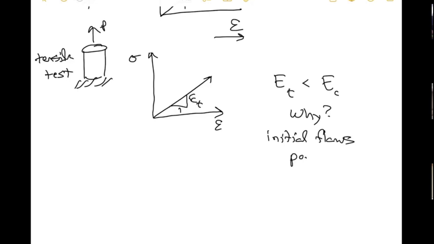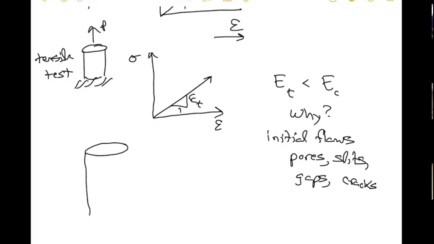And these can be pores, slits, gaps. People typically call these types of things cracks. Cracks basically means a very thin two surfaces pushed together that have been slit open, right? And so if you have a material, I'm going to try to draw it like this. This is a simpler way to draw it.